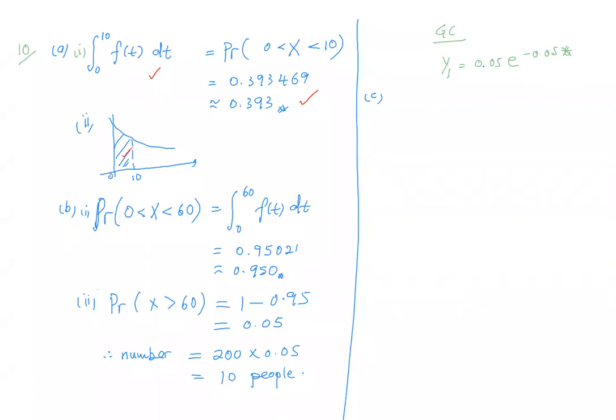For the probability density, there is no limit to the waiting time, correct? It can go on and on without limit. There isn't an ending for the waiting time. The waiting time can last for days.